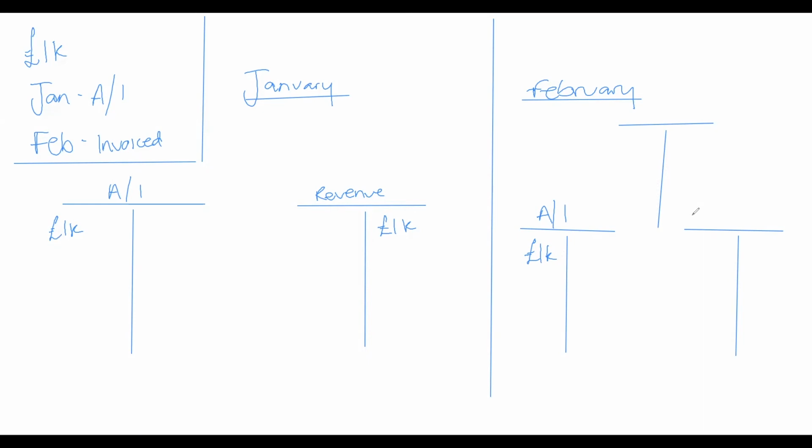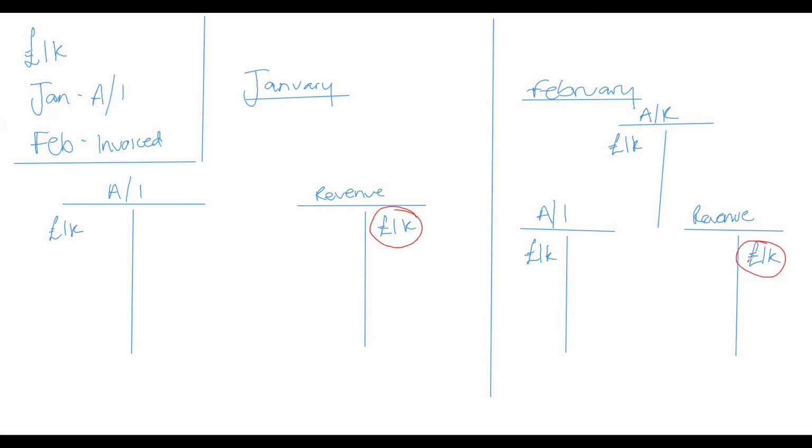So the double entry for this is credit revenue, 1k, and debit accounts receivable. Now, if you notice, we've got £1,000 already recognised in January, so we can't recognise the same income again in February here.